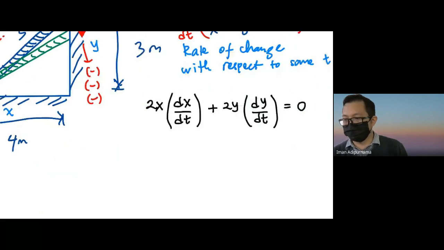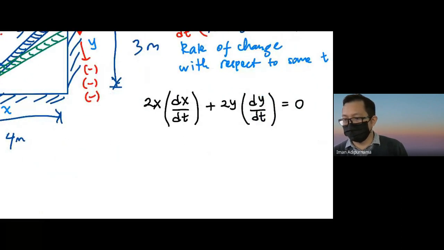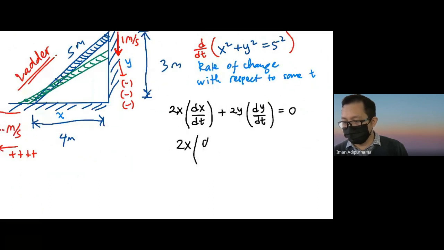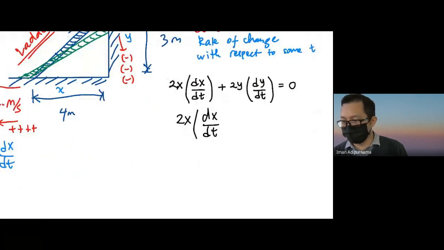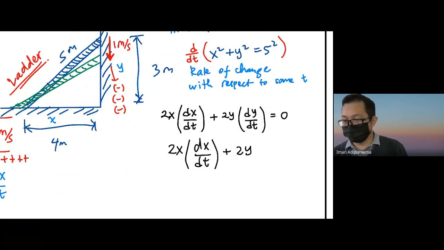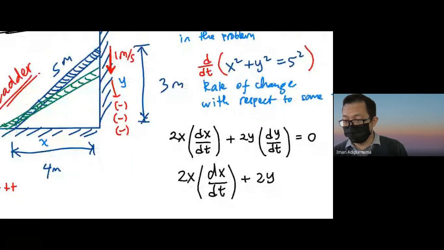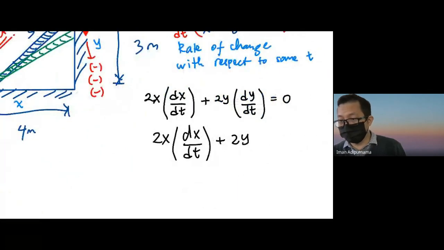The length is decreasing. So you can take this 2x. This is the dt, the one that we are talking about here. This is the x dt, and plus 2y, and then this will be dy dt.